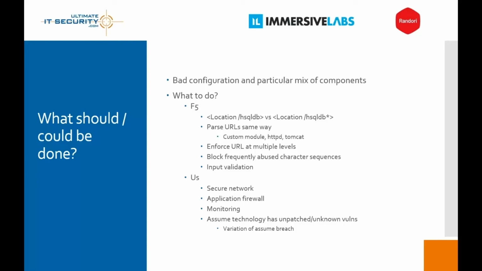You know, you need to parse URLs the same way. But in all fairness, how would an average web developer know and realize that the reverse proxy component in HTTPD parses them one way, Tomcat does it another?